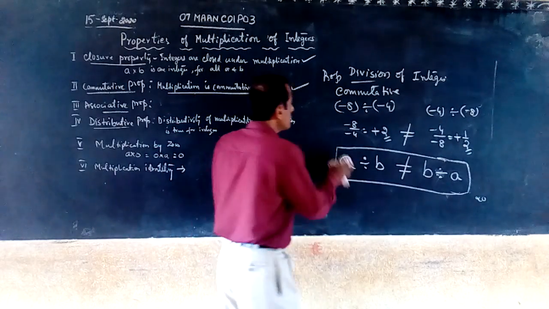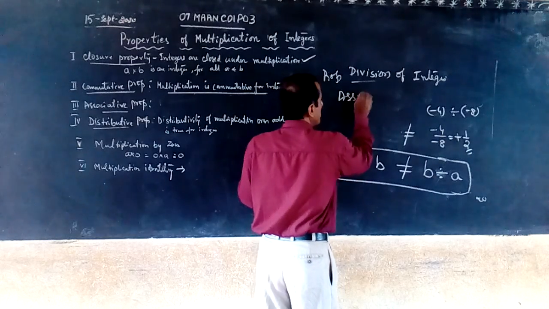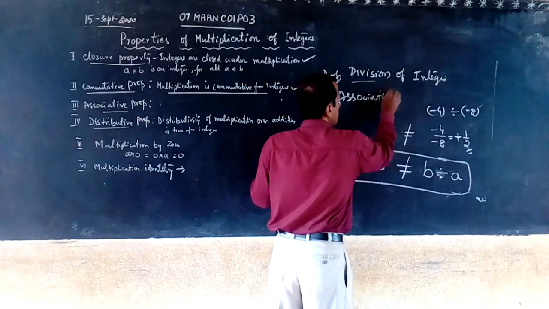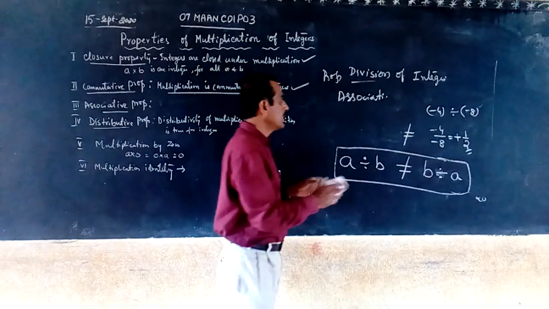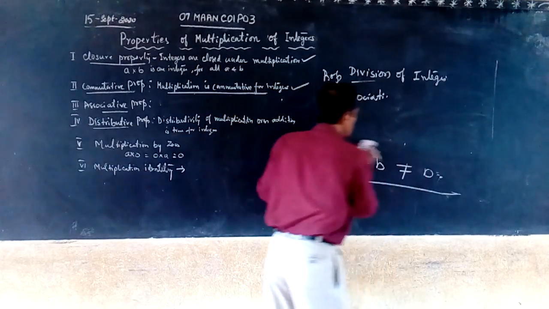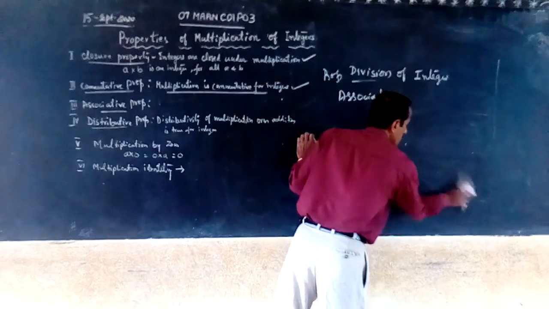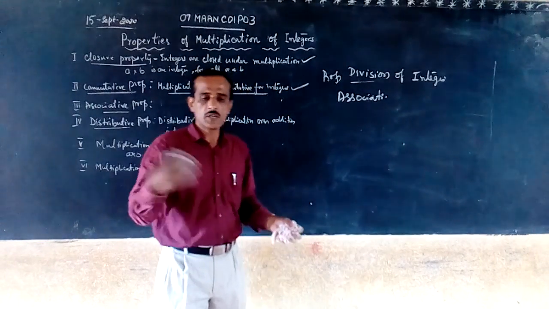Then associative. What about associative? Associative property. What is associative property? a plus b plus c is equal to a plus b plus c, grouped differently. In the same way, a into b into c is equal to a into b into c. That is what we are studying, whether it is true for division also.